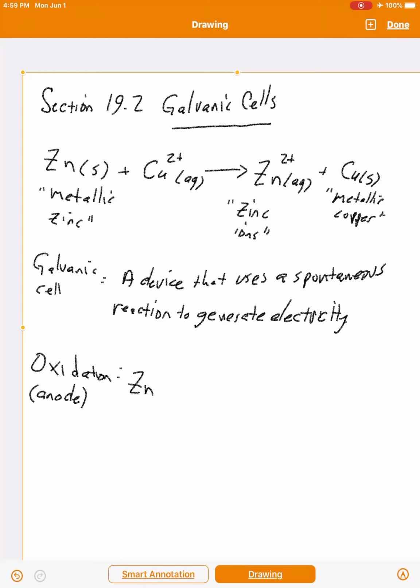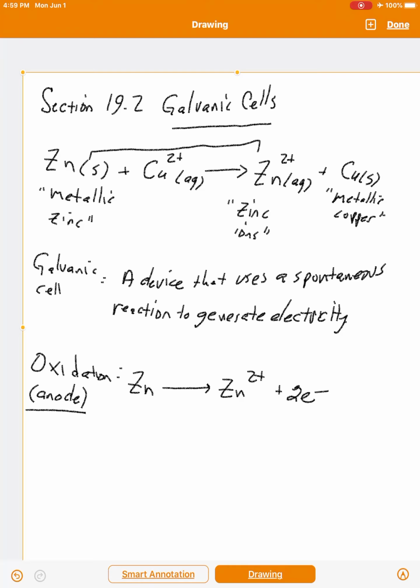I'll leave the states of matter out just for simplicity. Zinc metal will get oxidized into zinc 2 ions, right? Balance the equation with electrons, 2 electrons on the product side. This is oxidation. In galvanic cells, oxidation occurs at what's called the anode, and that'll make more sense to you in a moment.